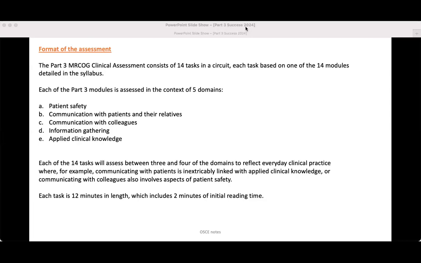You have to touch some points to ensure that you have covered your domains correctly. So these are like tips on how to secure the modules.